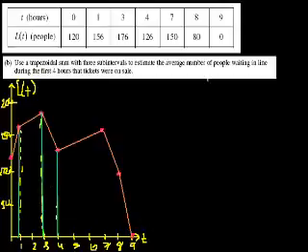Part B. So what's the area of this first trapezoid? Well, what do you do to find the area of a trapezoid? It's the base, which is just 1, times the average of the 2 heights. Right here it's 120, and this is 156.